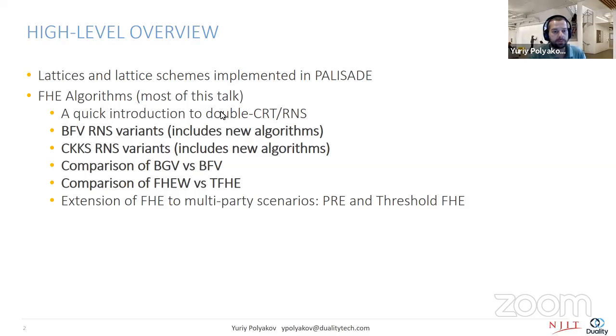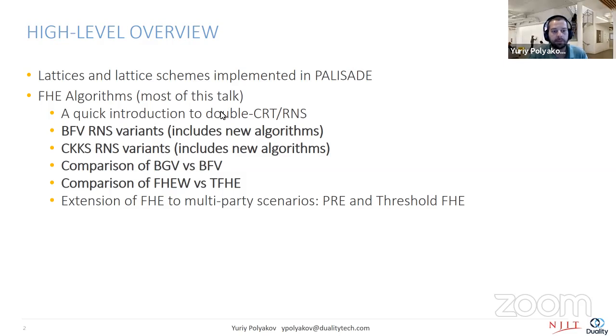The four topics that are highlighted in bold, and that will be the core of the presentation, are BFV RNS variants, and we're going to discuss some new algorithms there as well. Then we're going to discuss CKKS RNS variants, and we'll present the new variant that, in our opinion, is quite usable and addresses some of the challenges of RNS variants of CKKS.